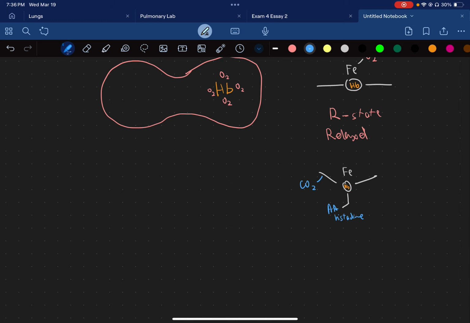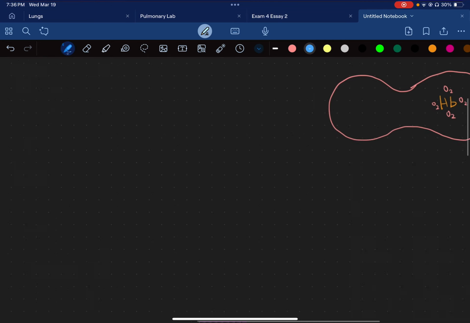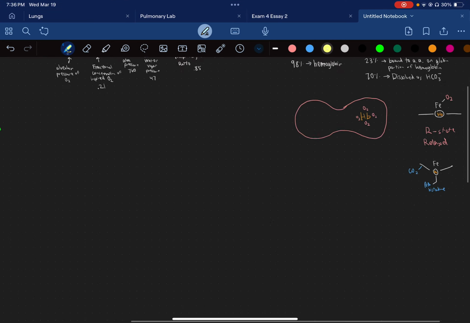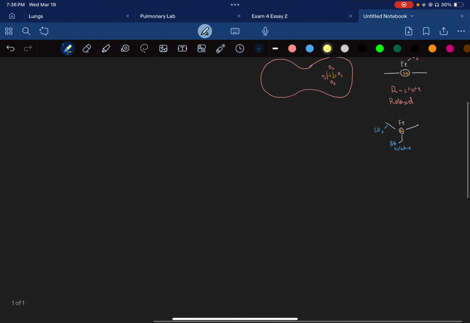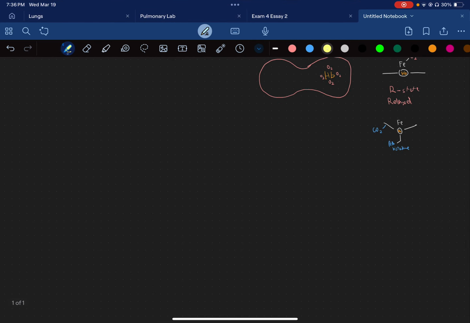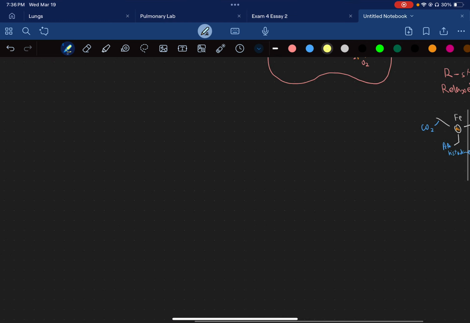Anyways, there's this graph that I want to look at called the hemoglobin curve, something called the oxygen hemoglobin dissociation curve.